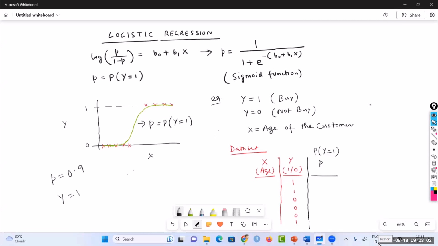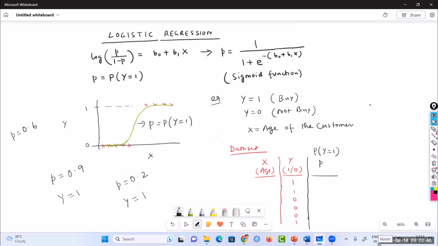If it is close to 1, then my logistic regression model is trying to predict that the customer will buy that magazine. If it is close to 0, let's say 0.2 for example, then it's highly unlikely that my customer will buy that magazine according to my logistic regression model. Now, what about some other values? Let's say I get a probability value of 0.6.